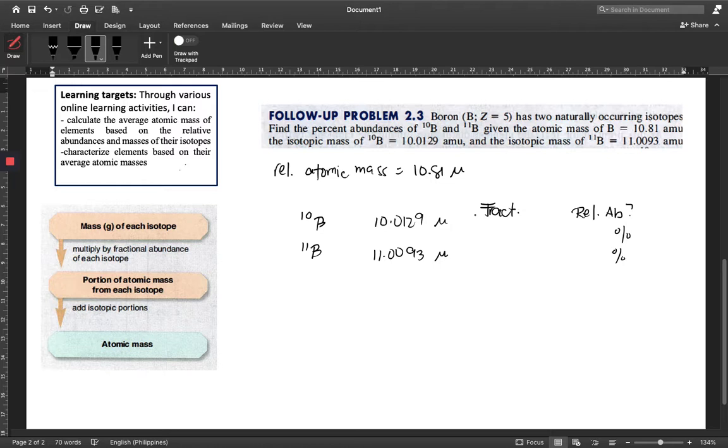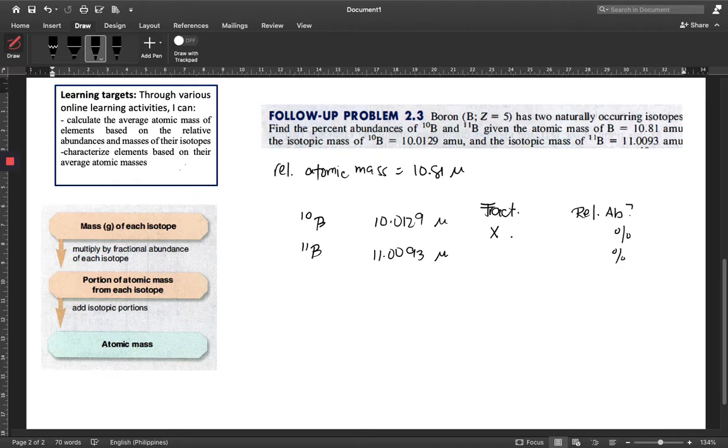Let's say we do not know the fractional abundance of boron 10, so we can assign it as our x. Now, what should be the designation for boron 11?